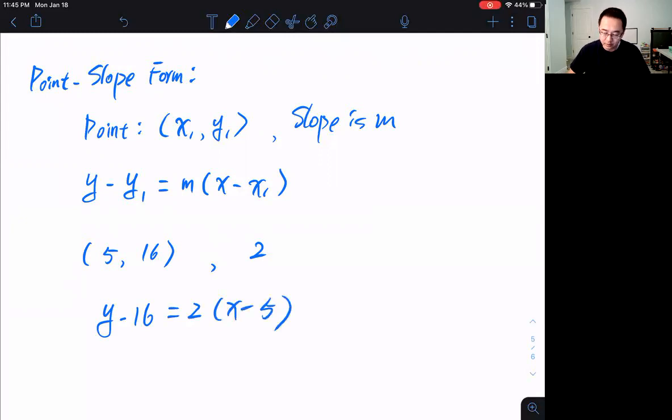If you want to change it to other forms, you can start working there to change it into the standard form or the slope-intercept form. Now remember that vertical lines cannot be described in this form, because their slope is undefined.